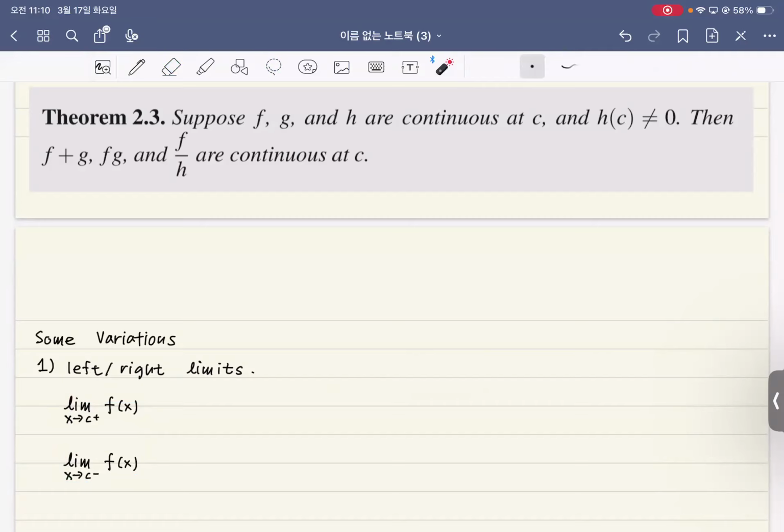I guess from time to time you have seen these kinds of symbols.